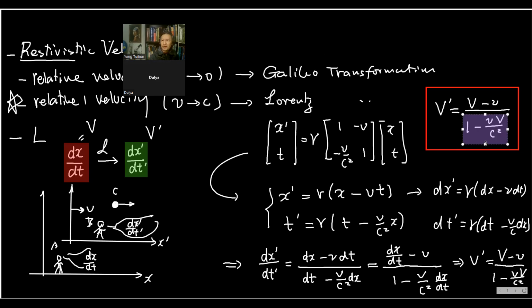Obviously, this factor will become 1 if the velocity is much lower than the speed of light. So basically, you can argue that this formula will return to the classical form, which would be v prime equal to v minus velocity, when v over c is approaching 0.